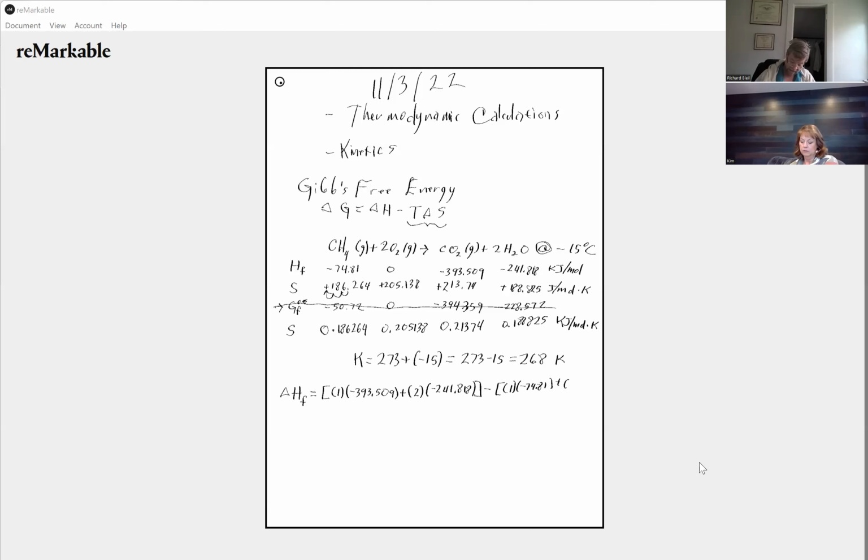Now, I want to put the oxygen down. We really don't need the oxygen because the enthalpy of formation for oxygen is 0. Without our handy dandy calculator, no, I did that wrong.